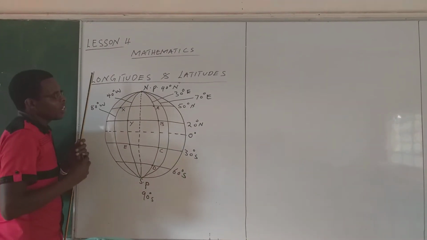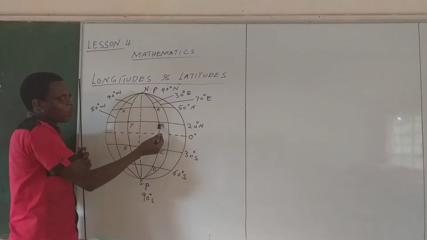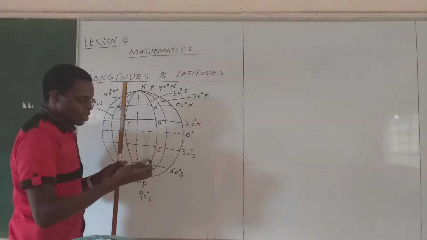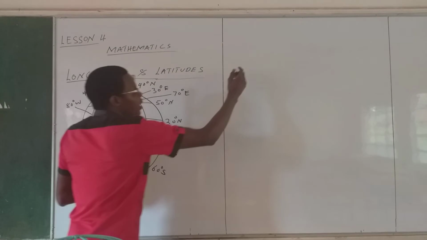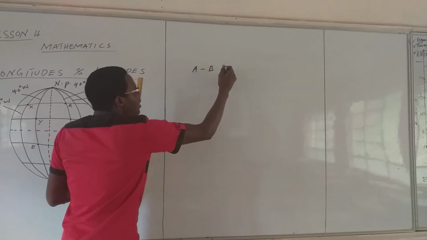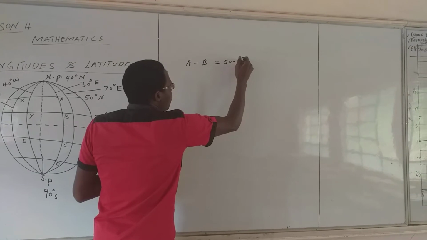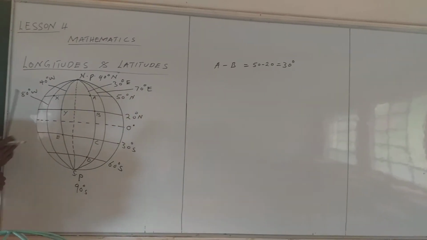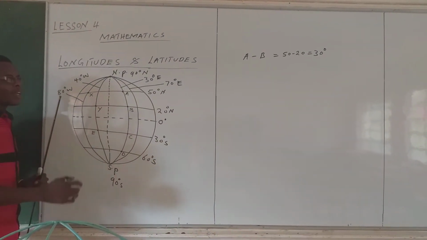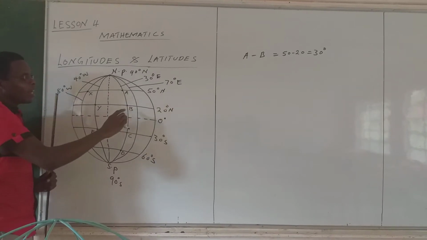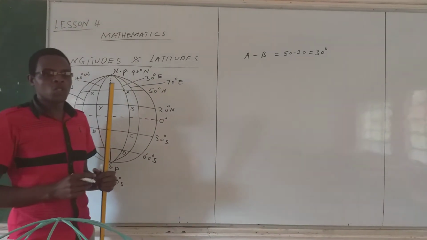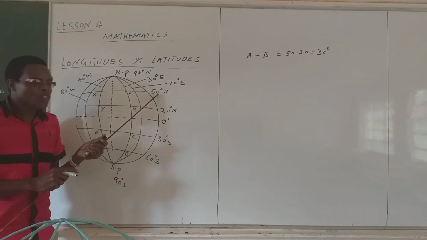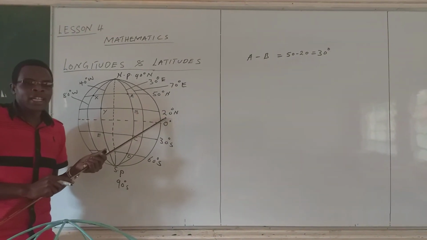So between point A and B, the degree difference is going to be 50 minus 20, which is going to give us 30 degrees. Because this point A is lying under the latitude of 50 degrees north, and this point B is lying under the latitude of 20 degrees north. So both of them are on north.